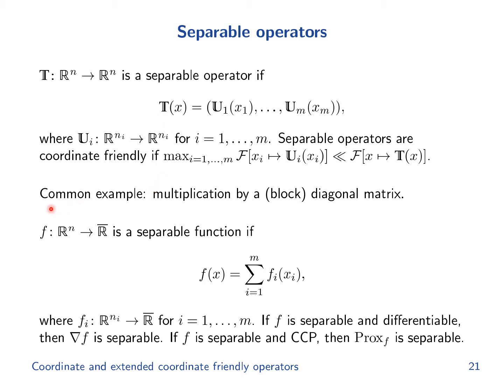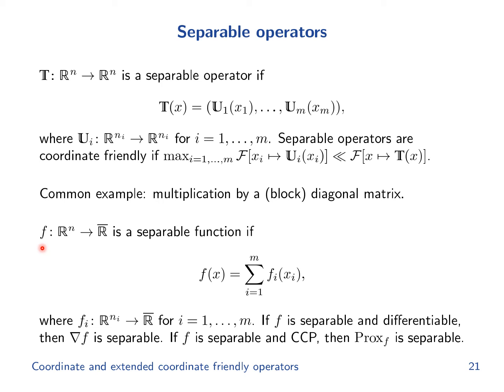There are common examples of separable operators. The simplest example is a linear transform represented by a block diagonal matrix. And this is coordinate-friendly if all the blocks are sufficiently small.